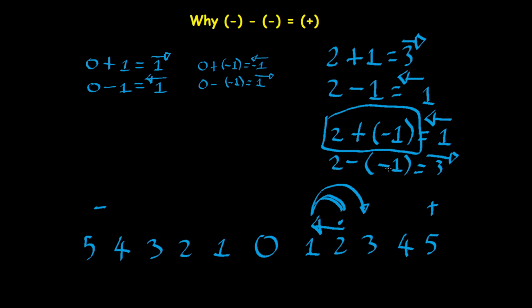But in this case, this is totally different from this, so we won't get the same result 1. We need to do this jump that we performed before. So instead of going to the left, we need to go to the right 1 unit. And that's how I understand this concept. Thank you.